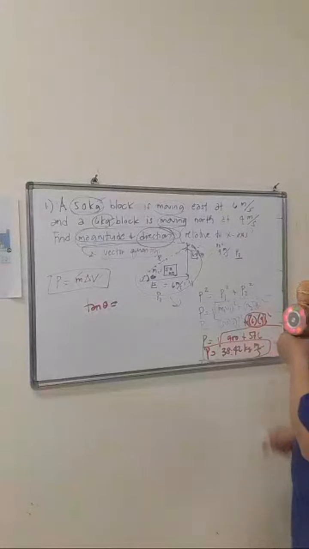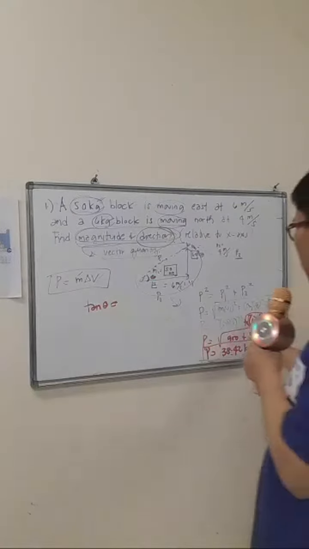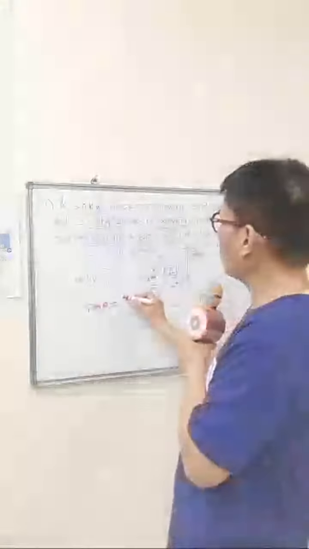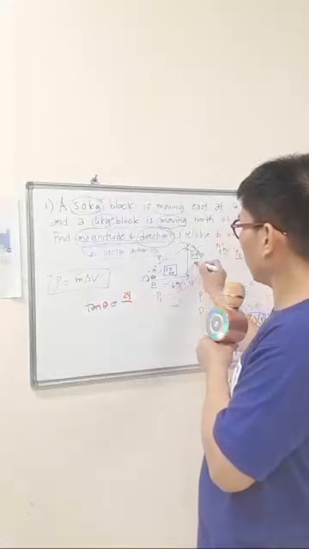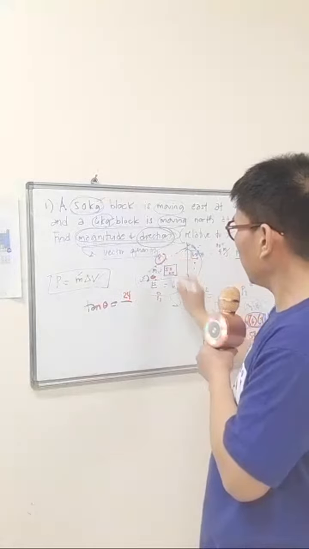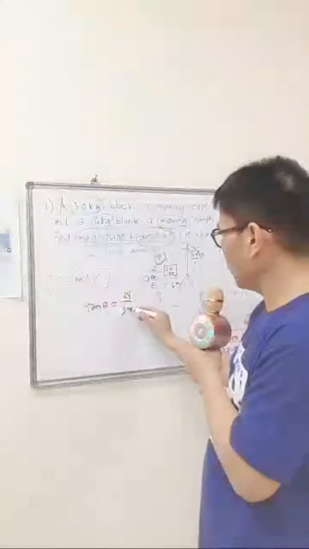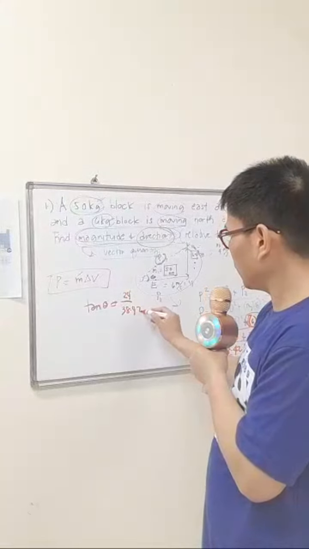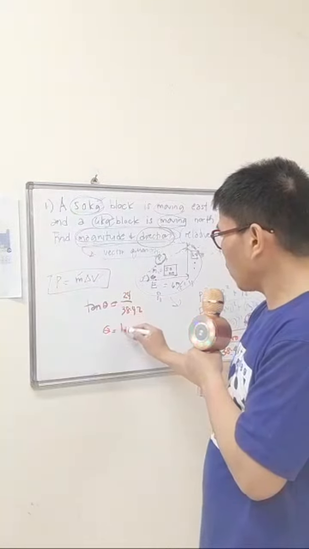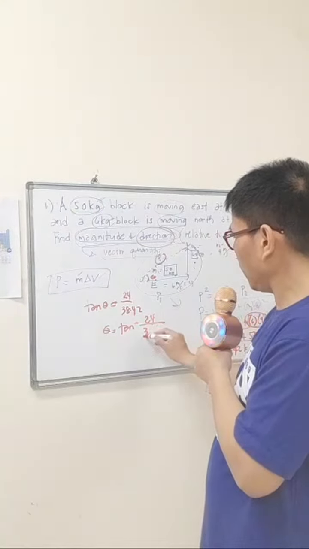P2 is 6 times 4 only, because this is mass times velocity only, right? So it's 6 times 4, 24. This is opposite to the angle, right? And then over the hypotenuse, P, and we have our P, which is 38.42.